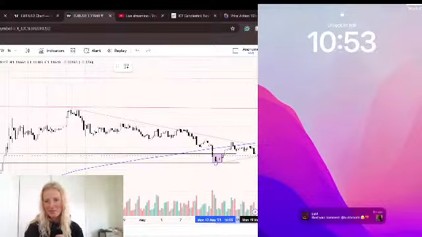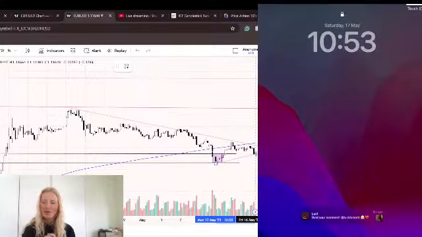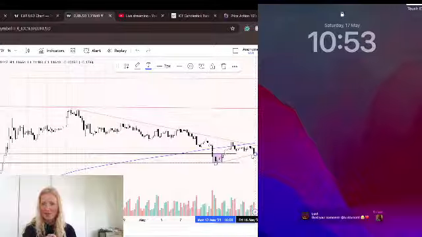Is this a trend line or not? Because there are only two touch points. Can I see this as an upward trend line? Or do you really need to have 3 points and then it's a trend line?